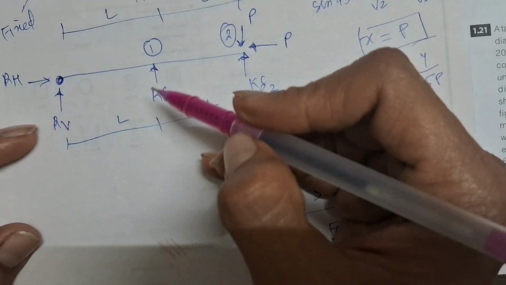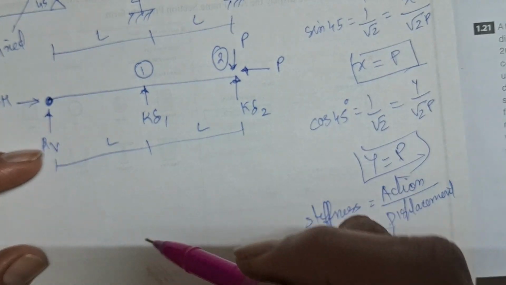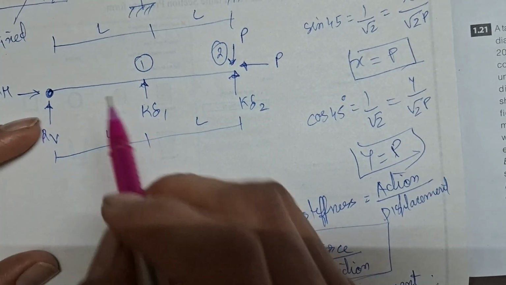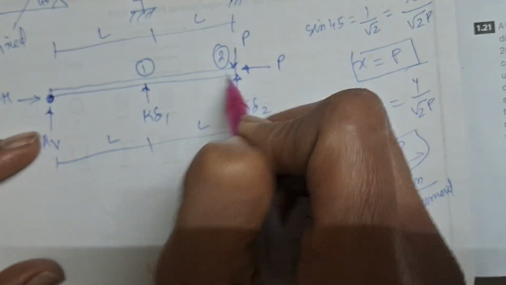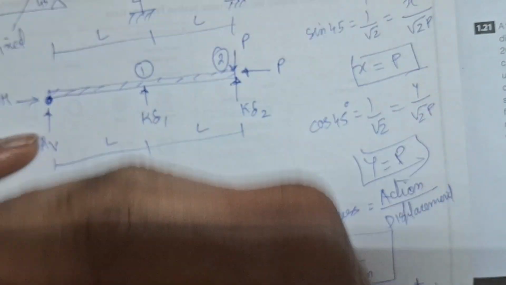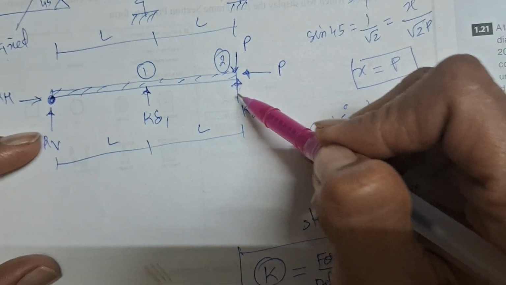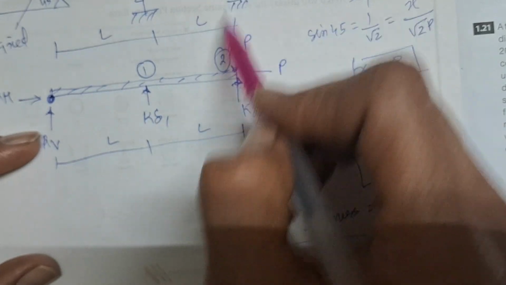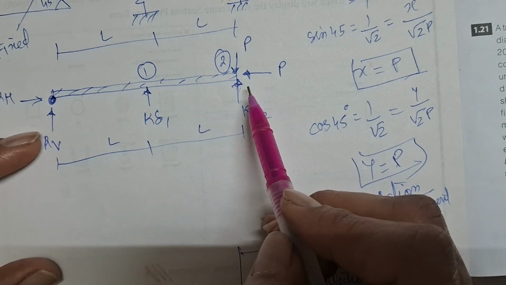So now because of this upward reaction there will be some downward deflection, because see this bar or this beam is horizontal, the beam is rigid, okay. So it will either go up or down an equal distance, okay. So only this deflection will be seen in the respective springs, okay. So it will remain straight only, okay.